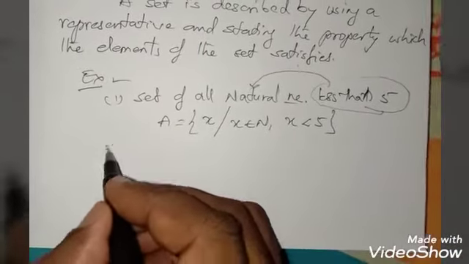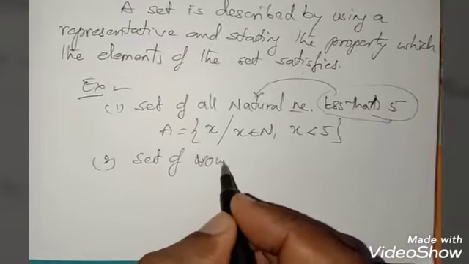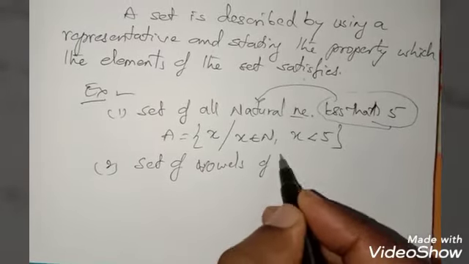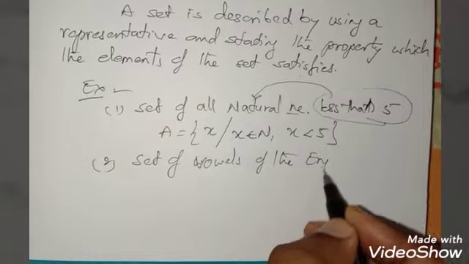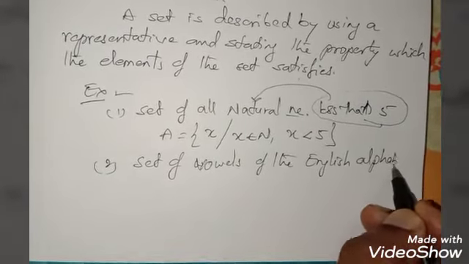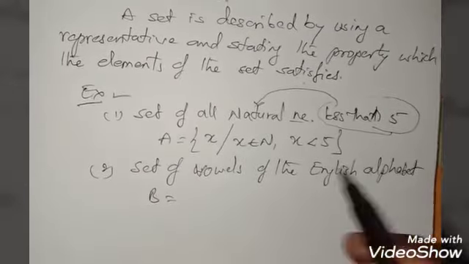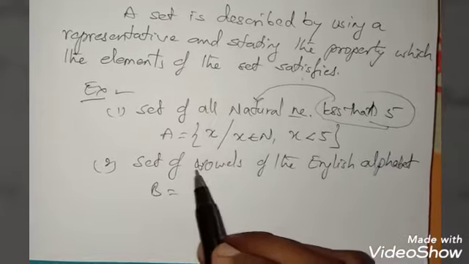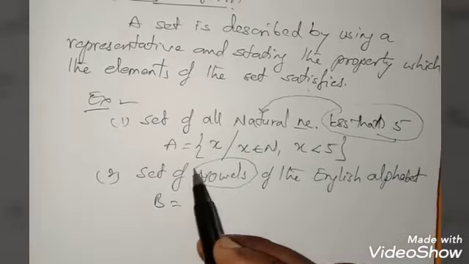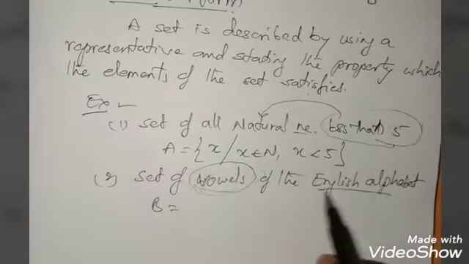Right. Now the second one, the set of vowels of the English alphabet. Here, vowels is the property or representative to denote the English alphabet, right?